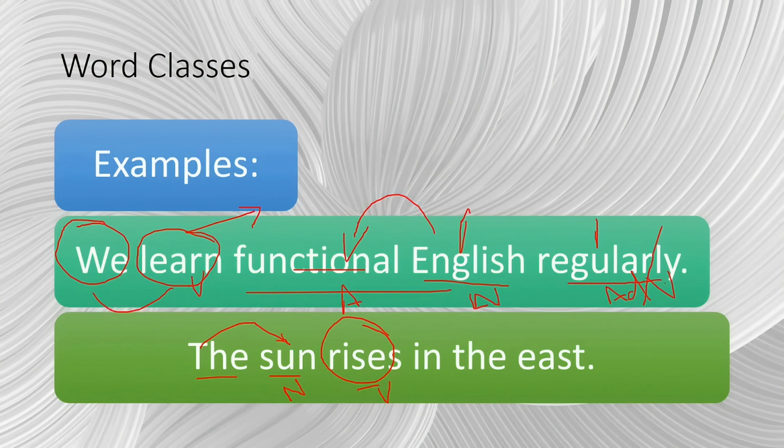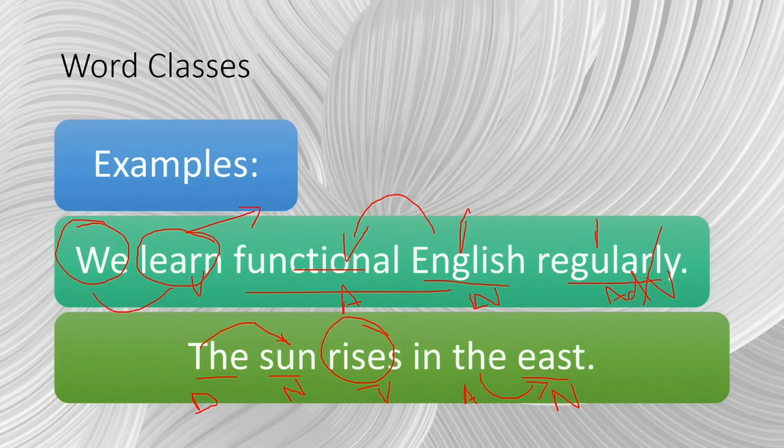So this is a determiner or an article. And east is a name of a direction, so it's again a noun, and the is modifying east. Generally it's an adjective, but over here it's an article.